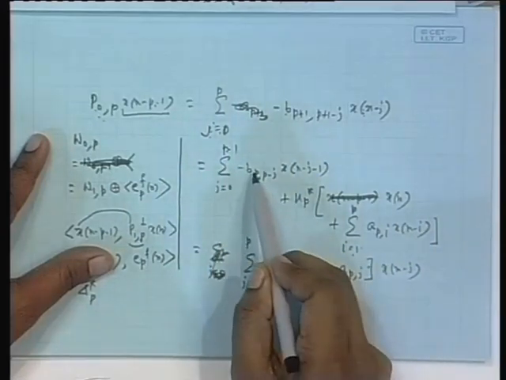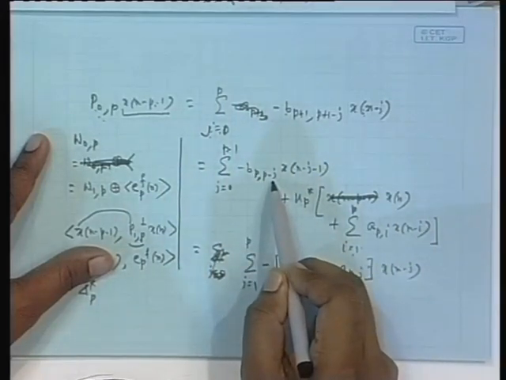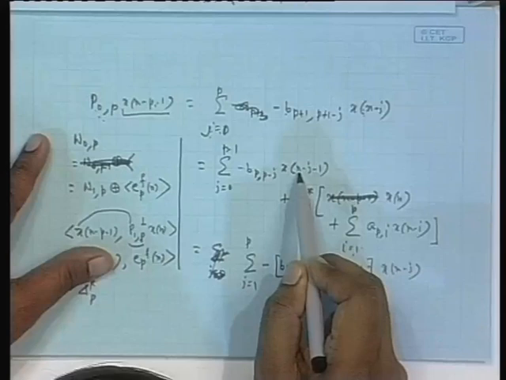So, j equal to p minus 1 means p comma 1 and here n minus p.